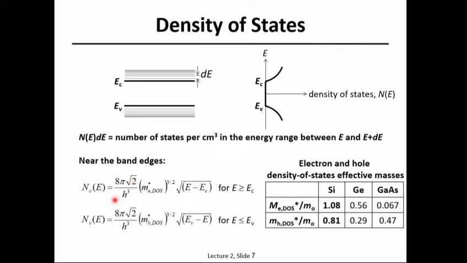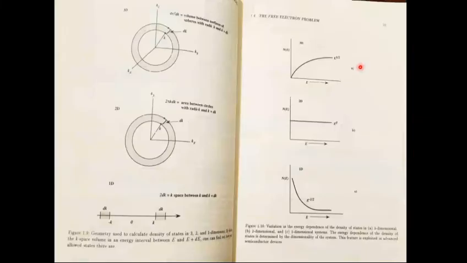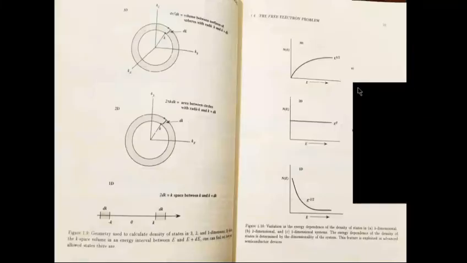The root 2 over 2, I added here 2, because we have to take into consideration the spin of the electron. The electron has half spin, so we have to take into account the factor of 2.